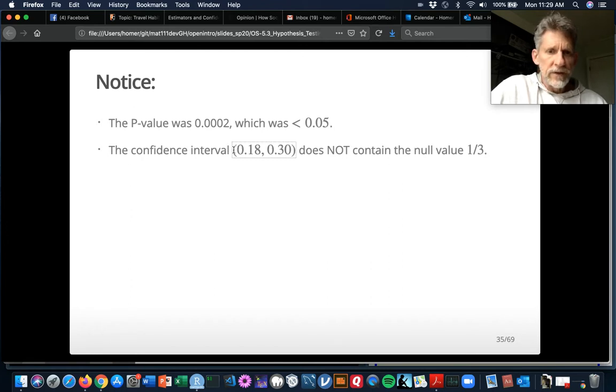And the confidence interval, 18 to 30%, does not contain the null value. So we are going to reject the null hypothesis, and the null's value is not reasonable based on the data. It's not inside the interval.